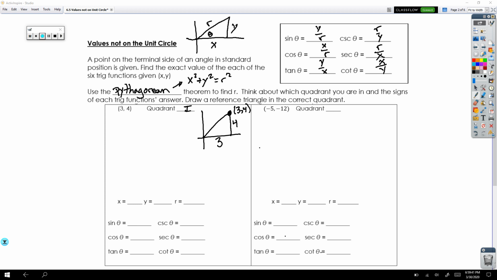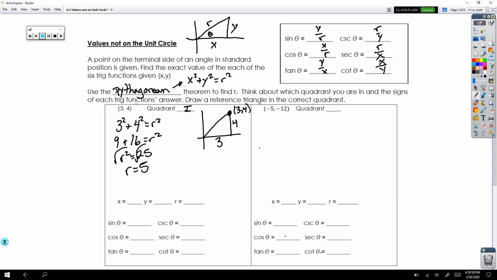So we have x squared plus y squared equals r squared. So 9 plus 16, which is r squared equaling 25. Square root, and we get r equaling 5.